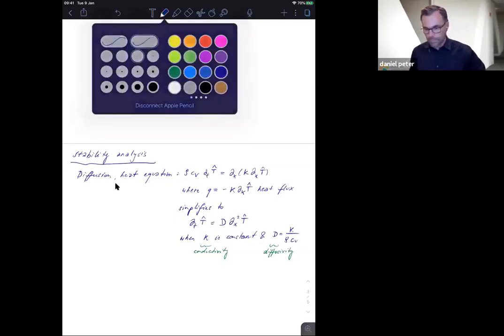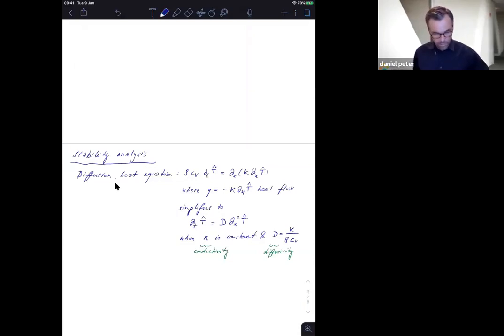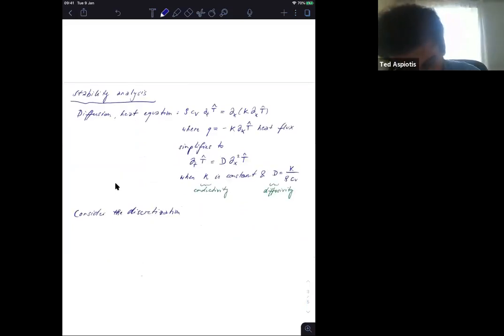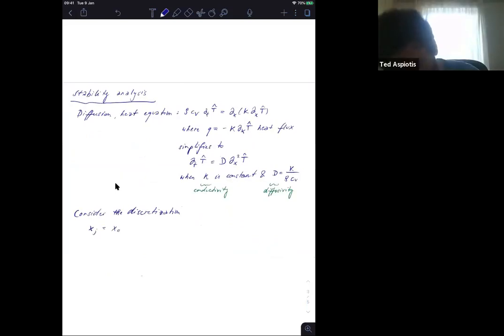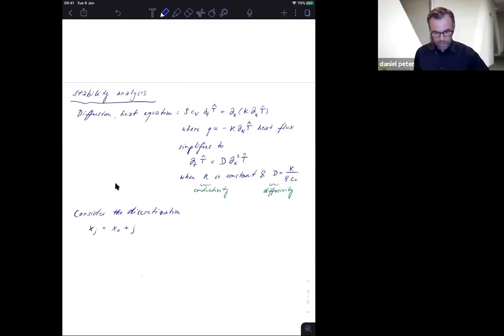So let us now consider the discretization of that equation. Where we discretize space, and now we can write a nodal position xj as being x0 plus j times the grid increment delta x.